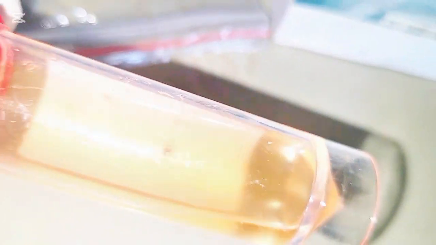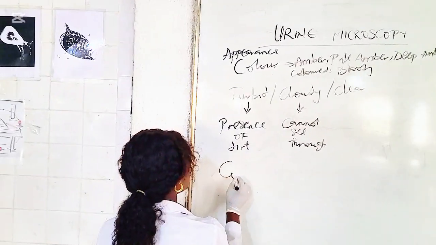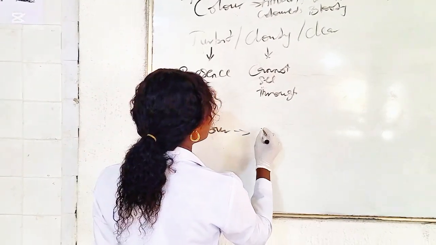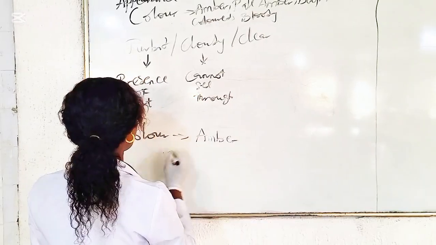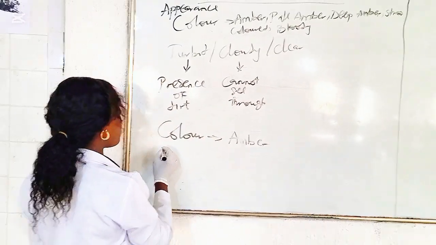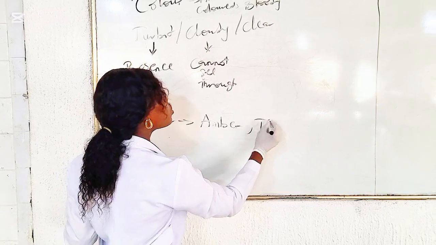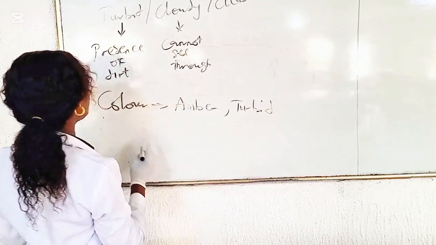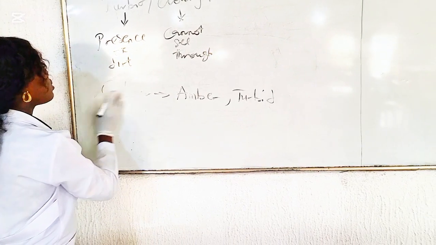So for this sample, the color is amber, and the appearance is turbid.